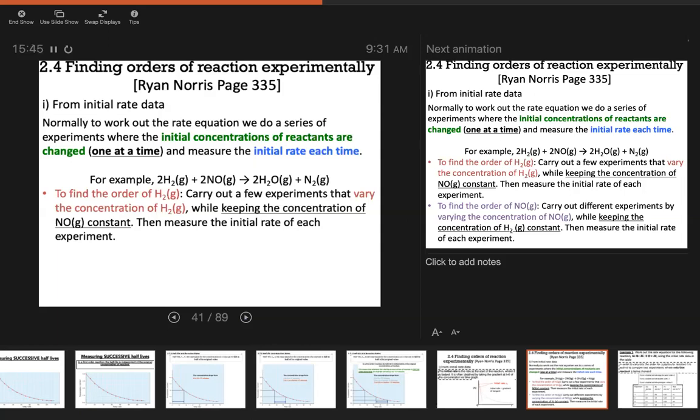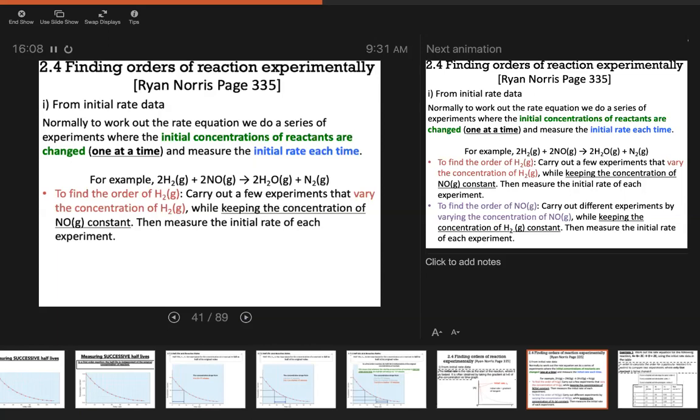Is the rate increasing by 2? Is the rate increasing at all? Or is the rate increasing by 4? Okay, and then you can carry on further. You change the concentration of hydrogen again, and then you calculate the rate. So for all these different experiments that you carry, you cannot change the concentration of nitrogen monoxide. Because if you're changing, that means you are changing two variables here.